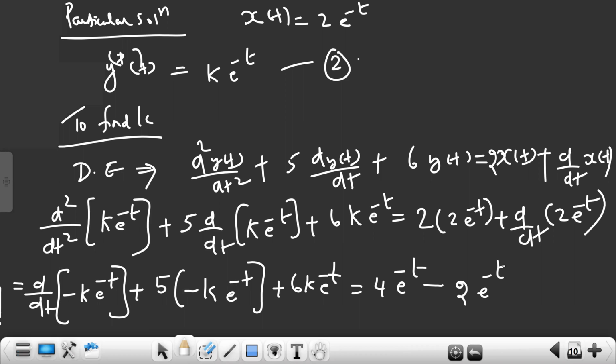Now, when you observe this equation again, we need to apply derivative in the first term. So your equation will be, minus k can be taken outside. Derivative of e to the power minus t is minus e to the power minus t. So that minus and previous minus will become plus. So the answer will be k e to the power minus t only.